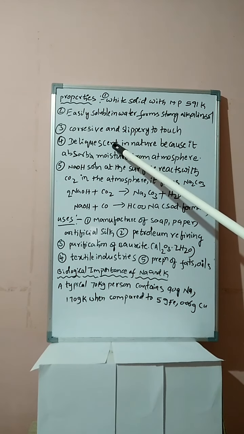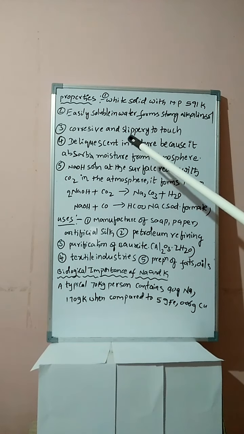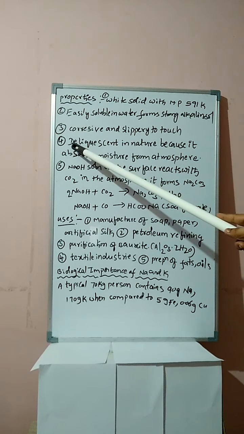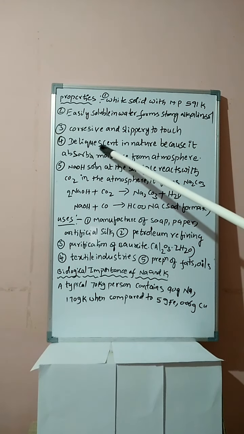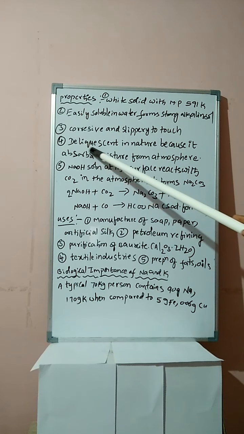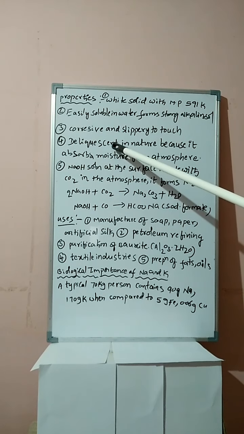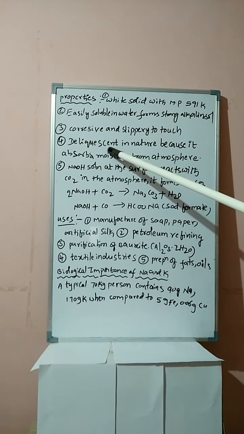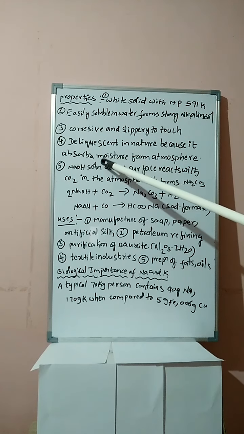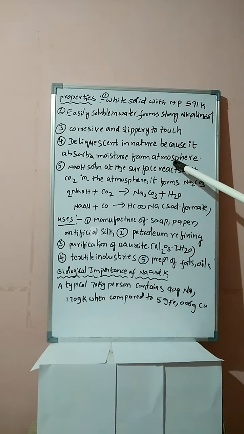Observe after 1 hour. The sodium hydroxide is converted into liquid, even though it is solid, without adding water, because sodium hydroxide is deliquescent in nature. It absorbs moisture from the atmosphere and is converted into liquid.